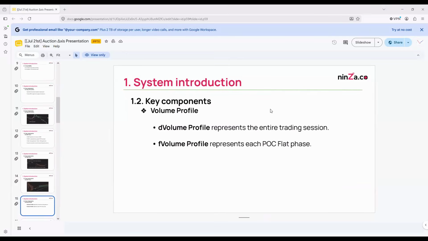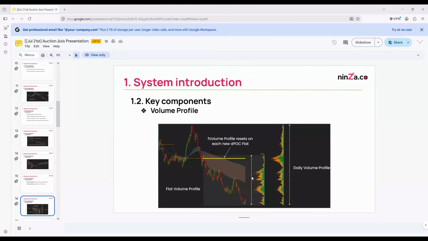Then, of course, the volume profile. There are actually two of them. There is a bigger one and a smaller one, and that again has to do with the point of control. There is an immediate area market profile and a bigger picture market profile.